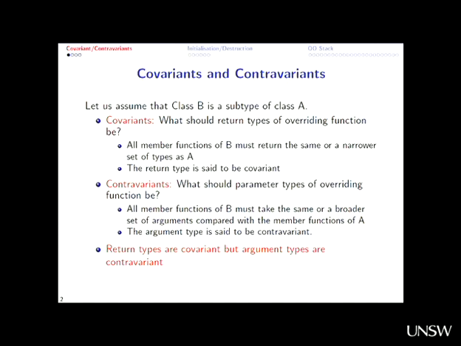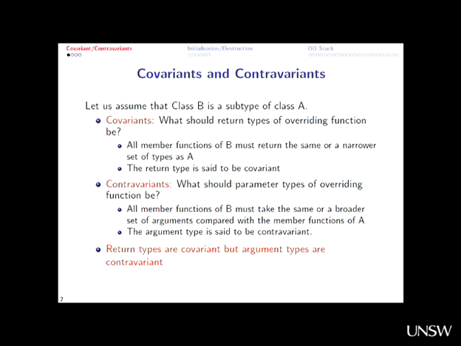than strictly C++ ideas. But let's assume we have class B, which is a subtype of class A. So for instance, let's go back to our book example. We have class DiscountedBook, which is a subtype of class Book. Now, when we talk about covariance, this is an example of covariance.